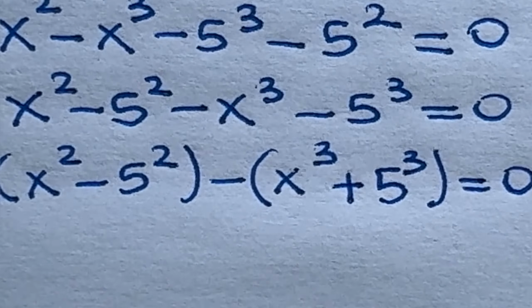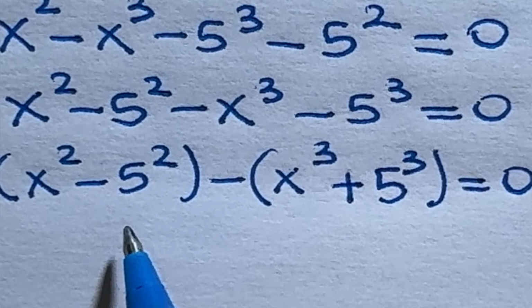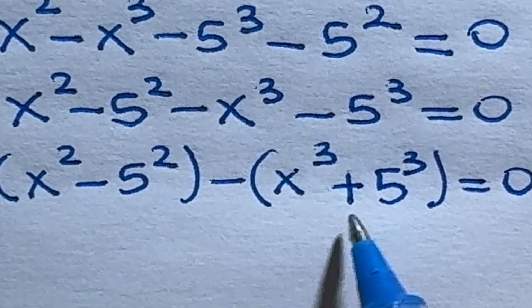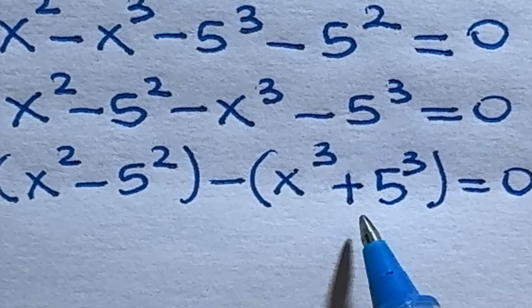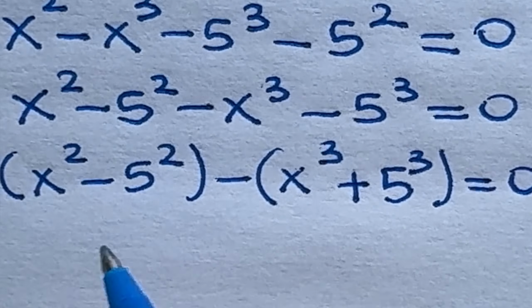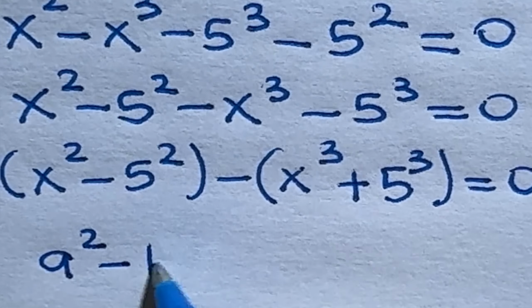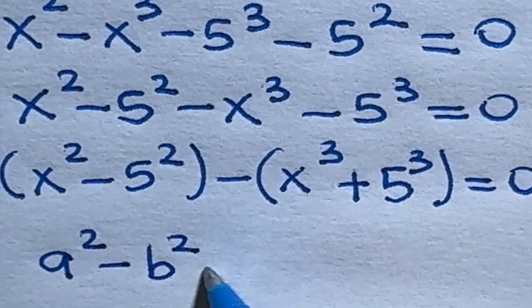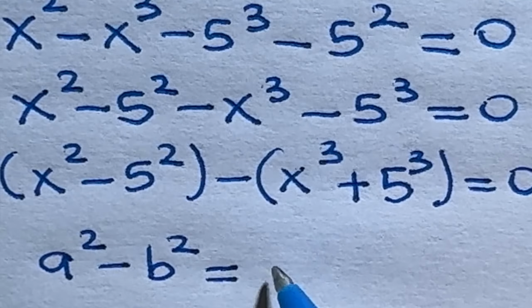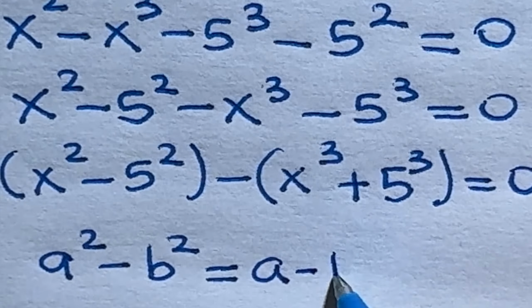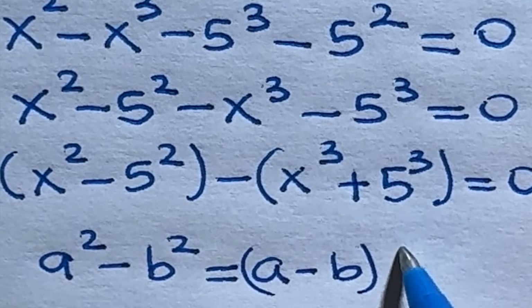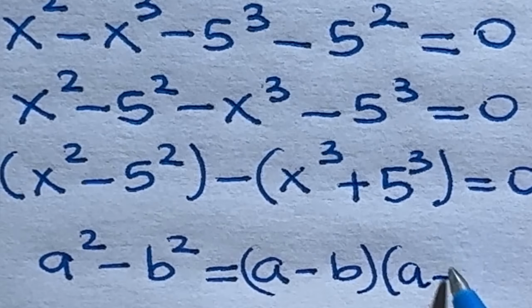We can see that the first one is a difference of 2 squares and the second one is a sum of 2 cubes. For difference of 2 squares, if you have a squared minus b squared, we can express this in factorized form as a minus b times a plus b.